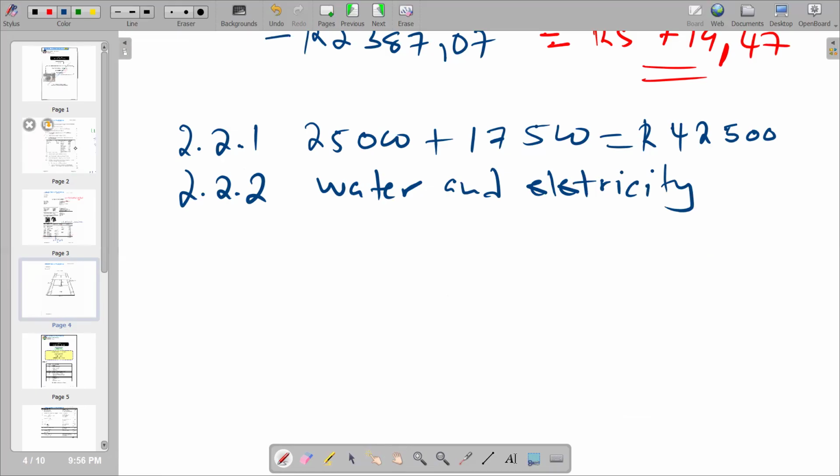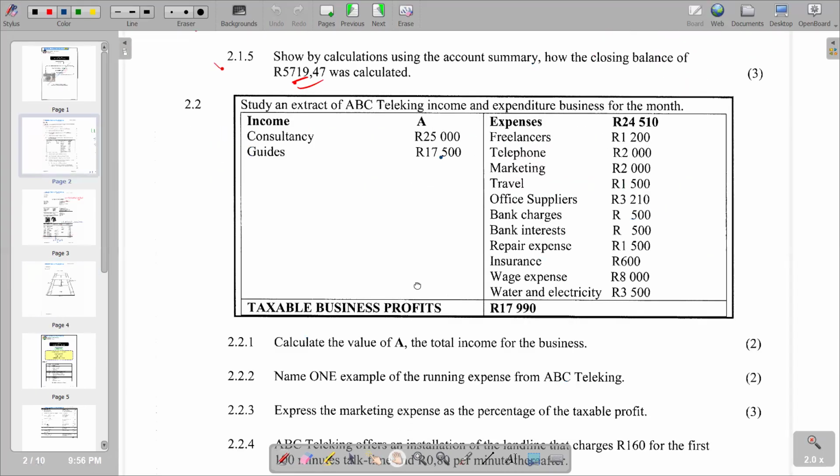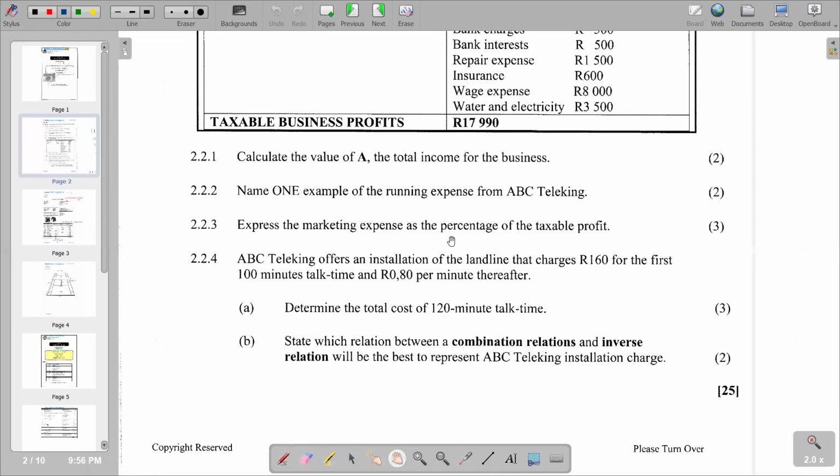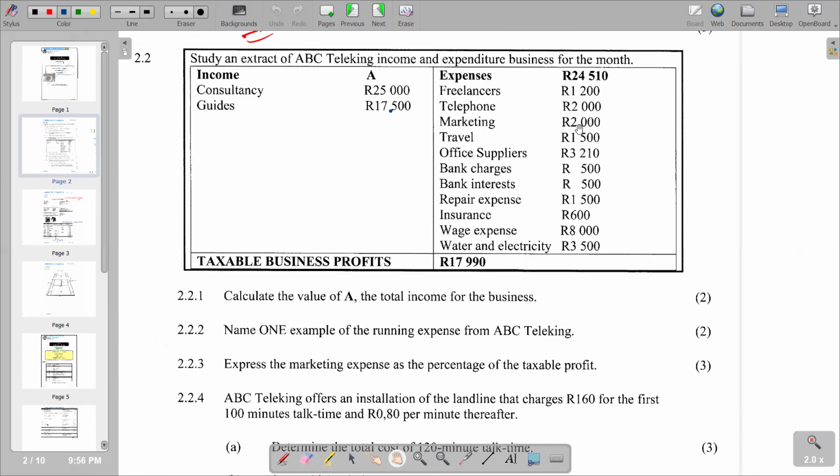And I'll go to the next part of our question, which is 2.2.3. Express the marketing expense as a percentage of taxable profit. So marketing expense, we have it here, 2,000. Then it's supposed to be a percentage of our taxable profits, which is 17,990.